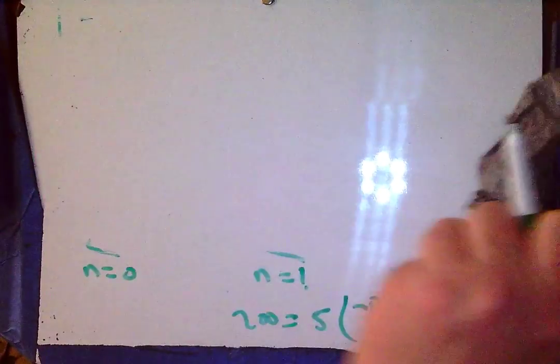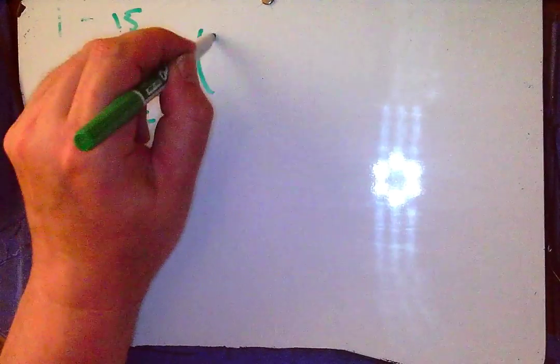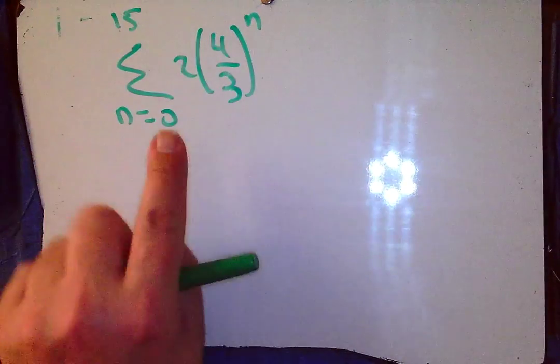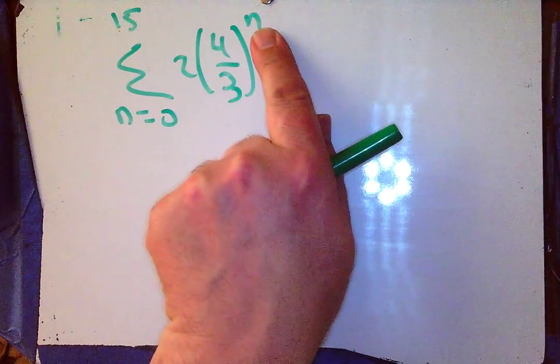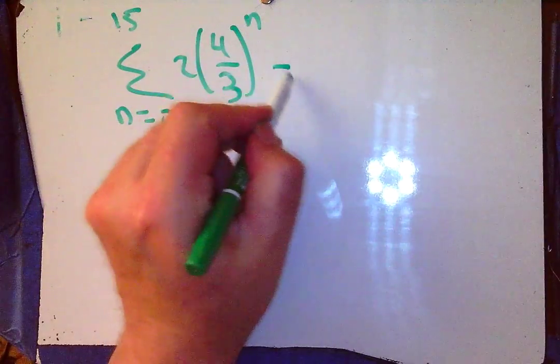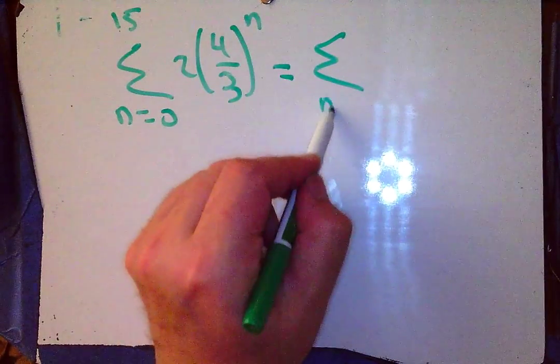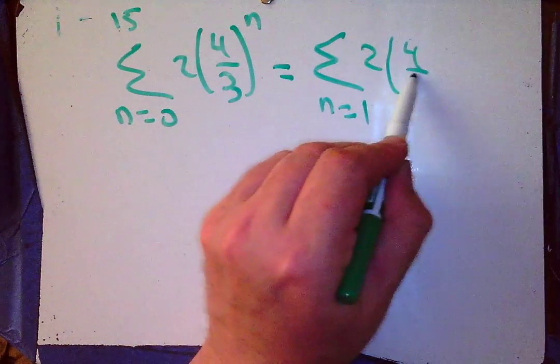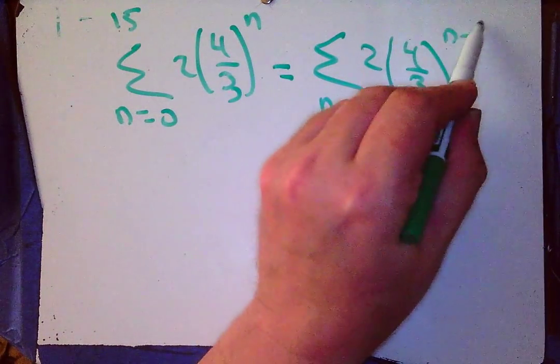So let's try rewriting another one or two of those. The sum n equals 0 to 15 of 2 times 4/3 to the n. So this isn't 1, and this isn't n minus 1. So the first thing we need to do is turn this into 1 and 2 times 4/3 to the n minus 1.